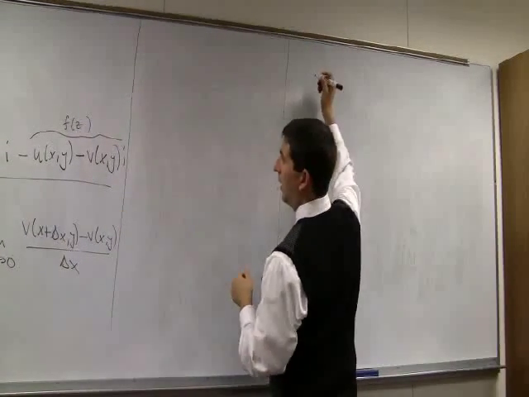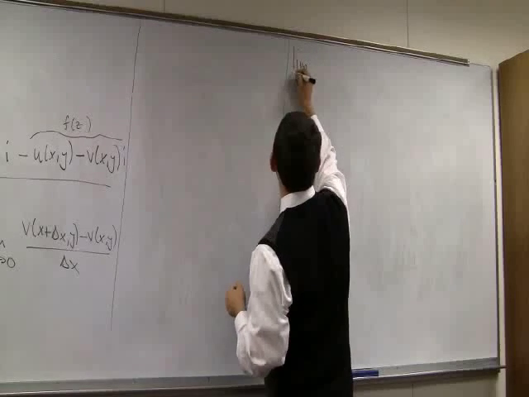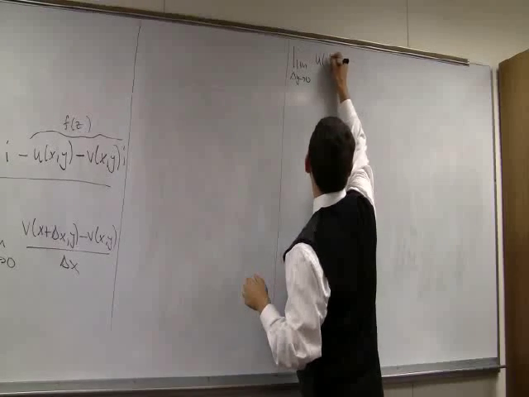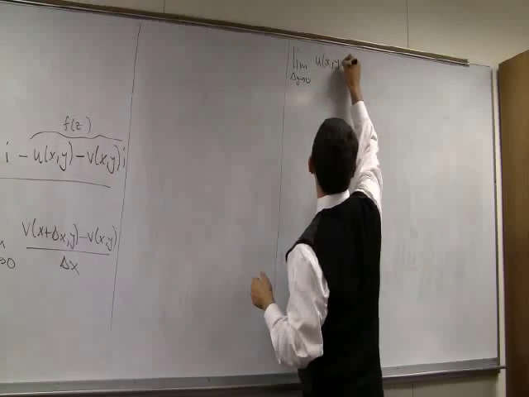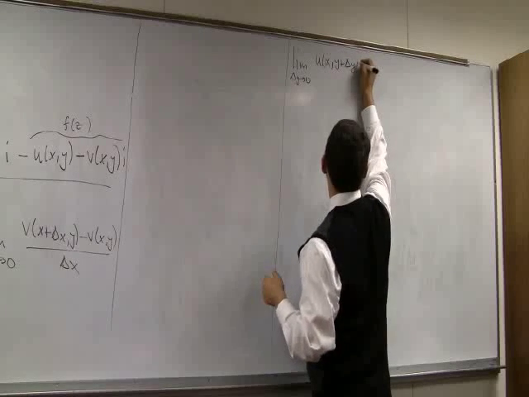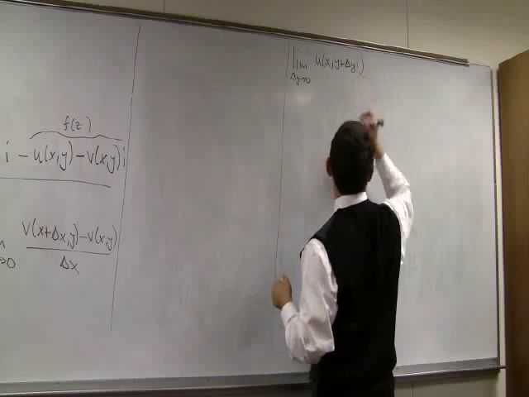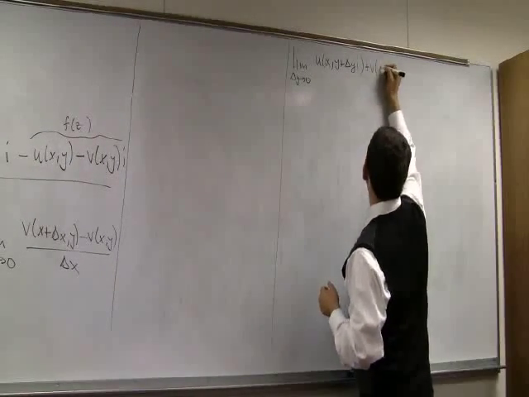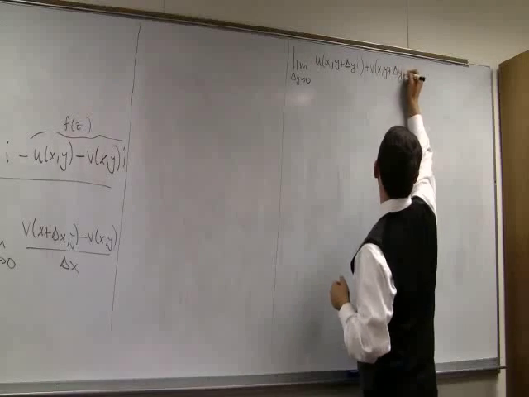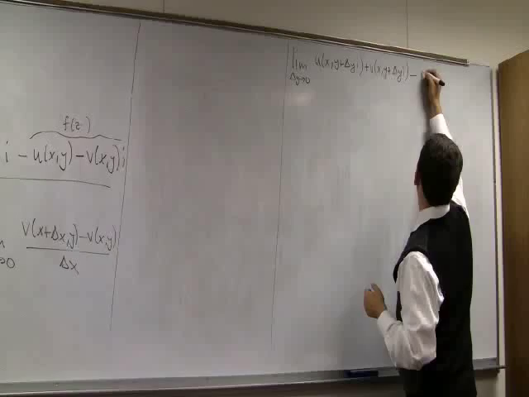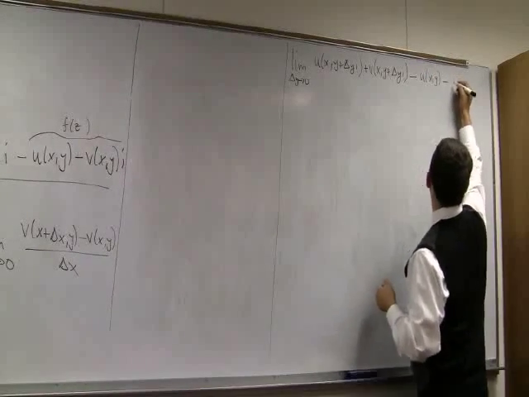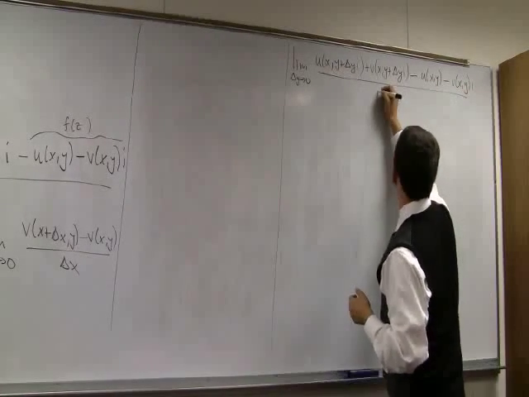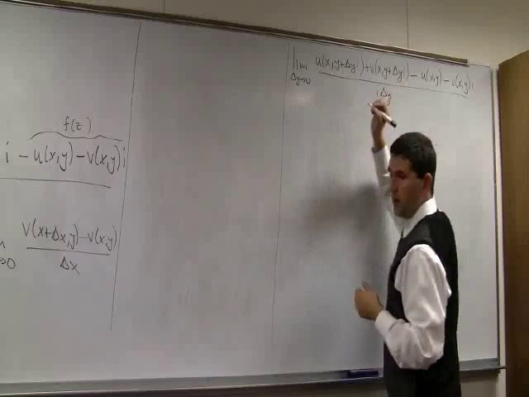The limit as delta y goes to 0 of u of x comma y plus delta y, plus v of x comma y plus delta y, minus u of x y minus v of x y, divided by i delta y.